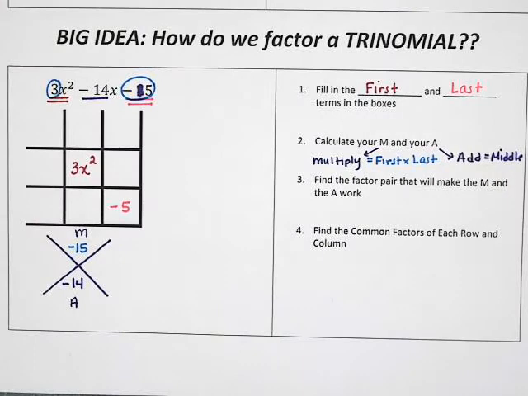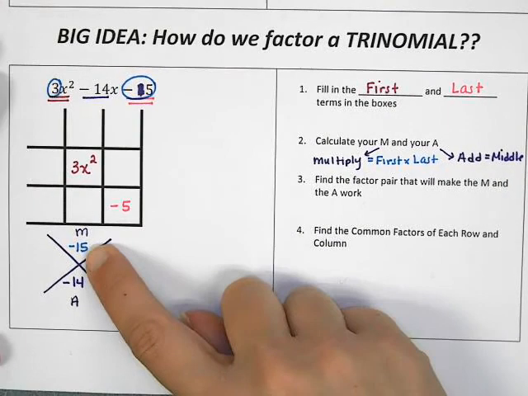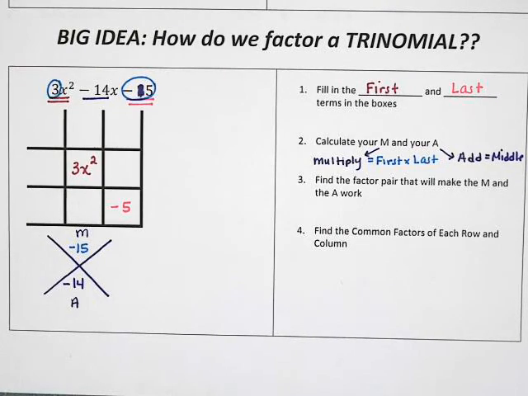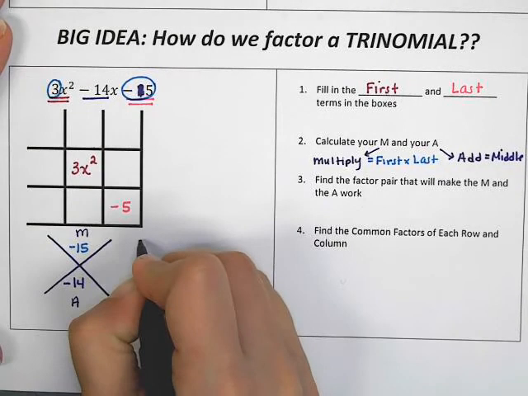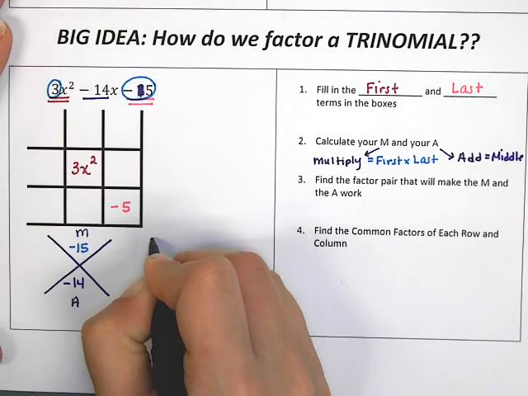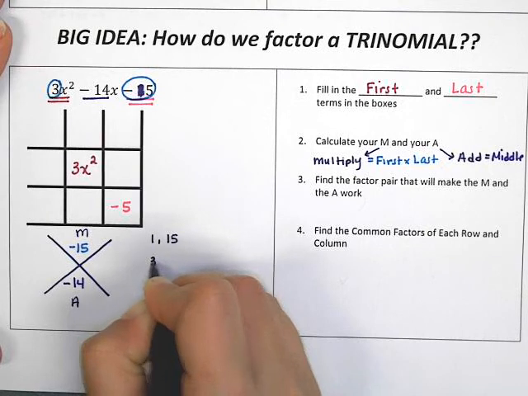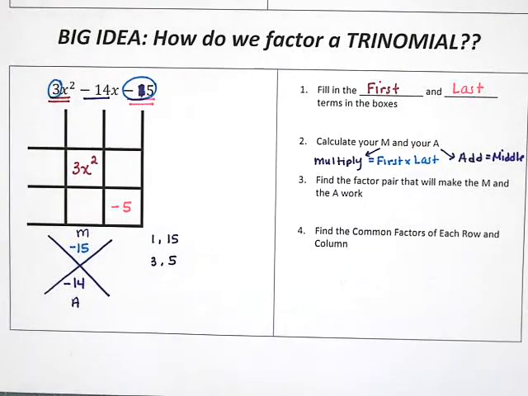Now my job is going to be to figure out two numbers that multiply to give me -15 and add to give me -14. So what we're going to do is once again look at factors of 15. If I try to think of numbers that will multiply to give me 15, my answers are 1 and 15 or 3 and 5.